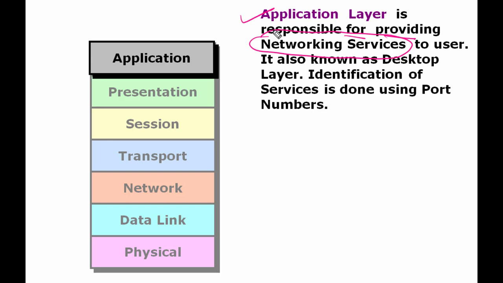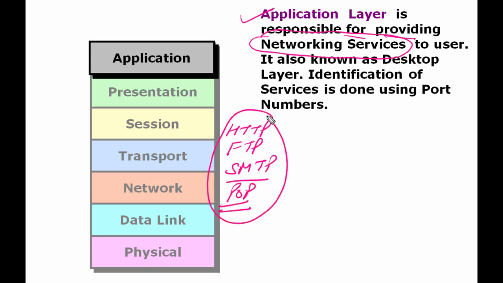Networking services are protocols like the HTTP protocol, FTP protocol, Simple Mail Transfer Protocol, and Post Office Protocol, because these protocols are used to communicate with another person. Protocols are a set of rules for communication. HTTP is Hypertext Transfer Protocol, FTP is File Transfer Protocol used to transfer files, and SMTP is Simple Mail Transfer Protocol.